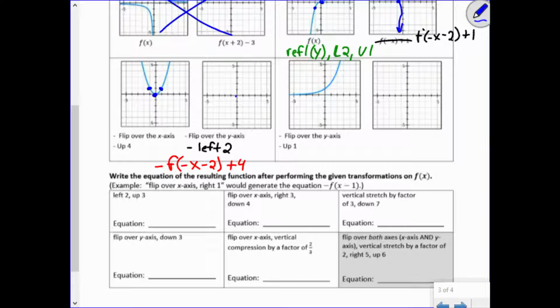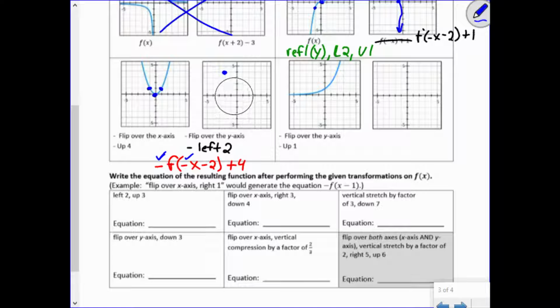If I do the first transformation to reflect over the x-axis, it's on the x-axis, so it won't move. If I try to reflect over the y-axis, it's also on the y-axis, so it won't move there either. But then I'm going to go left 2, 1, 2, and then up 4. 1, 2, 3, 4. That's where our point is going to be.